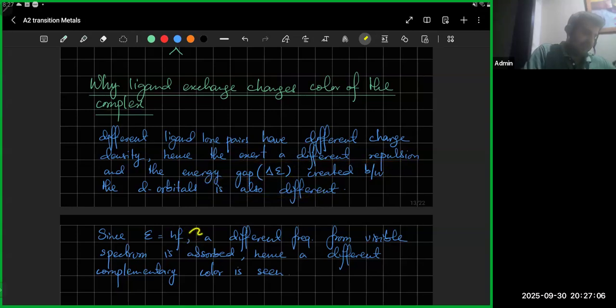And since E is equal to hf, a different frequency from the visible spectrum is absorbed, hence a different complementary color is seen. Although it's just going to be 2 marks, they'll give you 1 mark for saying that different ligands and the different lone pairs will exert a different amount of repulsion, and therefore a different amount of energy gap is created.